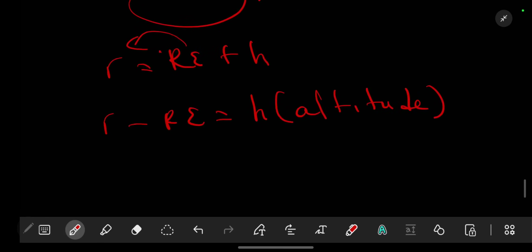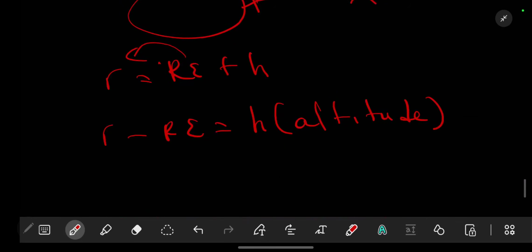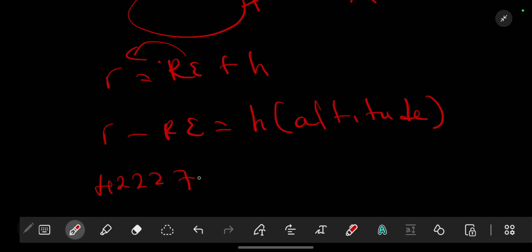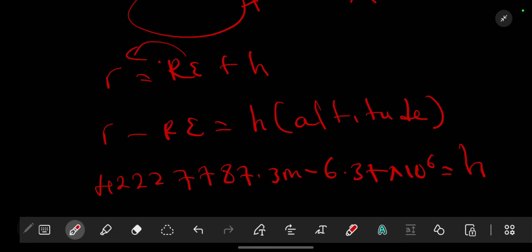So this altitude is equivalent to, we are going to say this radius we have found is 4222787.3 meters minus the radius of the earth, which is 6.37 times 10 to the power 6, which should be equal to the h.